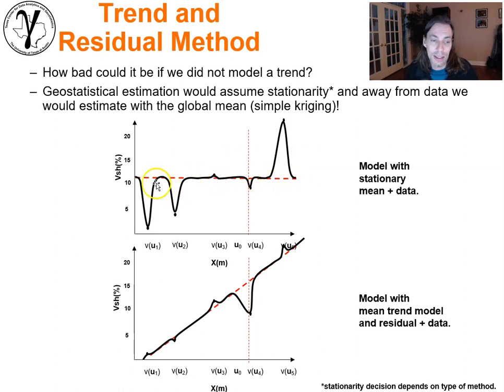That will cause a systematic overestimation in the low location and a systematic underestimation in the higher value locations on this side of the model. But if we build the trend first, remove it, work with the residual, we get a much more reliable estimation between the data because we're relying on the trend, not a global stationary mean.